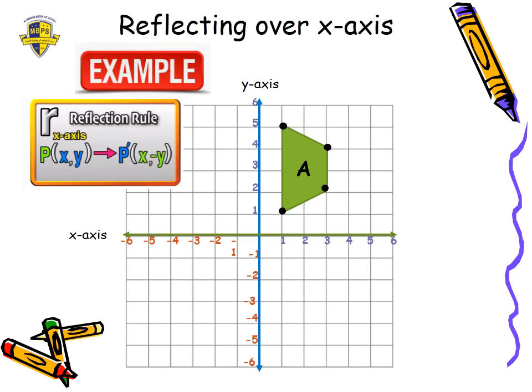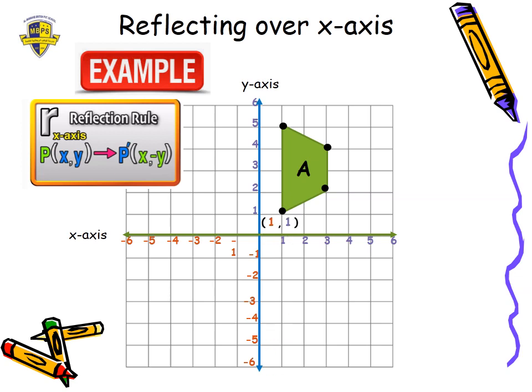Let's check this example to understand more. Here you can see the rule. The rule says if the reflection is over the x-axis, the point (x, y) will be (x, -y). Okay, all of you can see this trapezoid. This is shape A, and we have 4 points. Let's check the coordinates for each point.